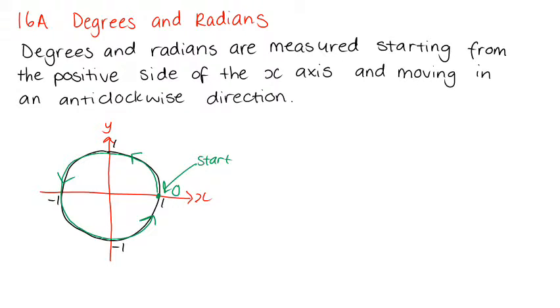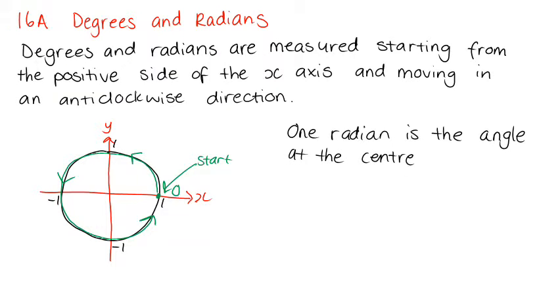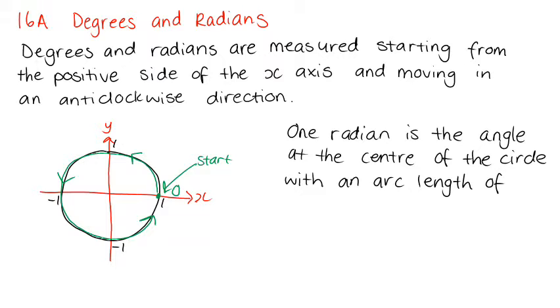Now, 1 radian is the angle at the center of the circle with an arc length of 1.